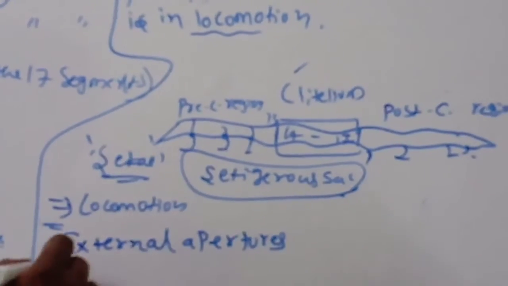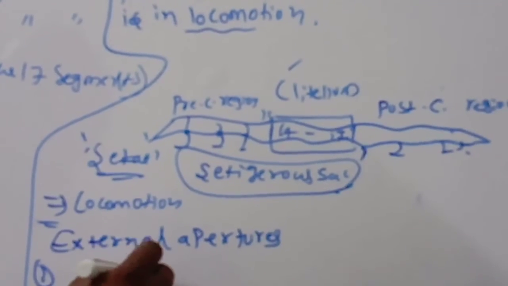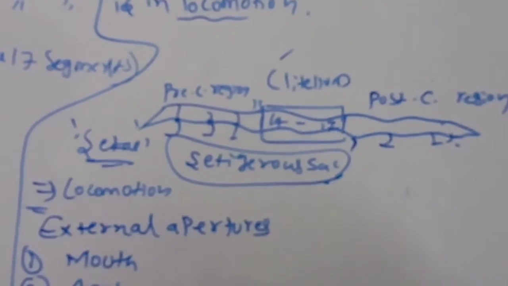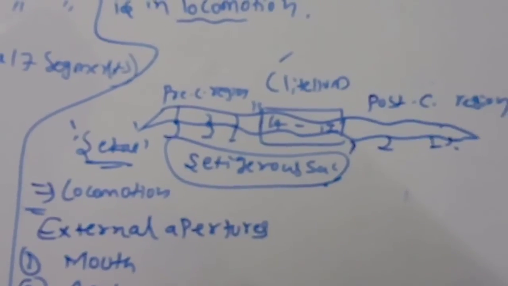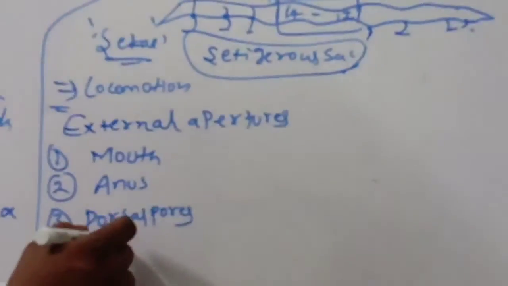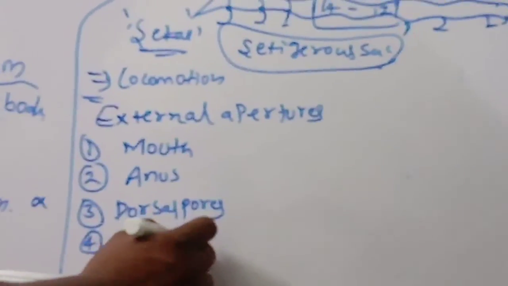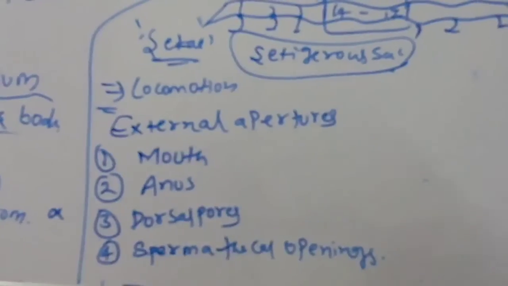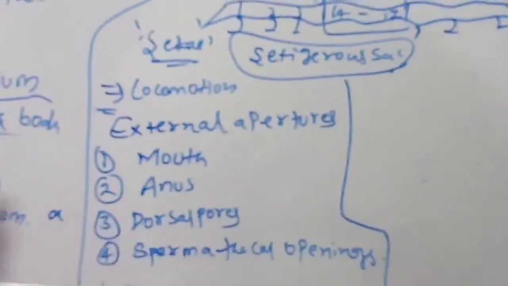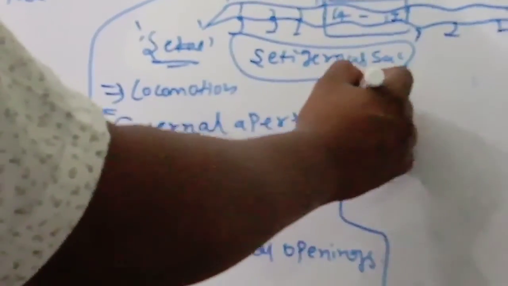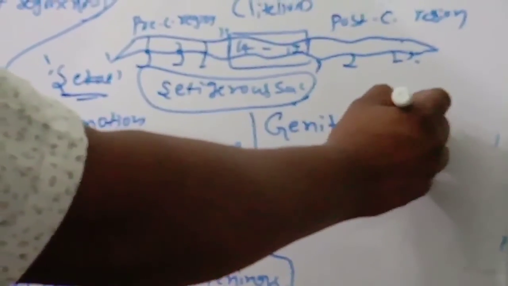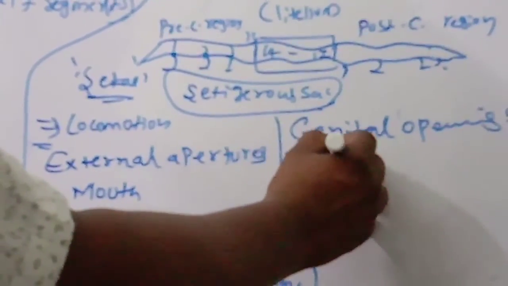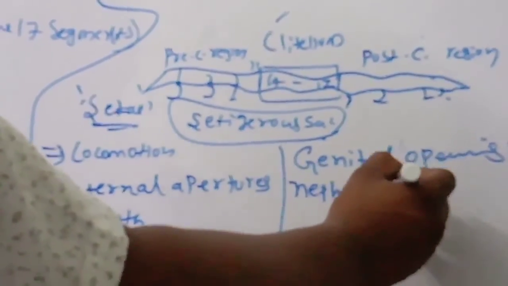Number 1 mouth, number 2 anus, number 3 dorsal pores, number 4 spermathecal openings, then genital openings, and nephridophores will be present.